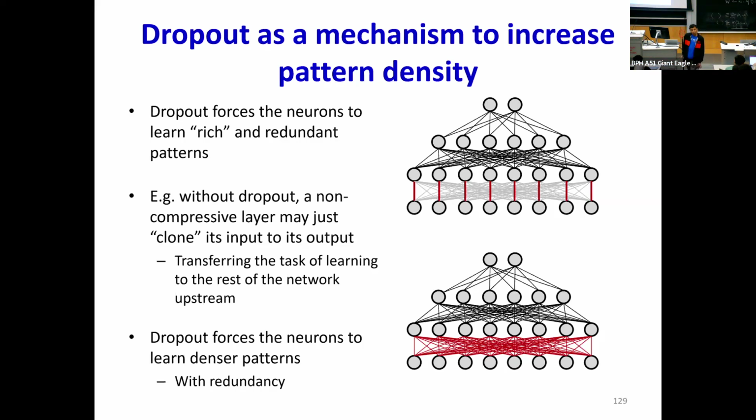But then if you have dropout, because you keep occasionally switching off these neurons, the neurons are forced to look at an aggregate of information. And so you're forcing them to learn richer, denser patterns and ensuring that some layers don't simply become pass-throughs, right? So this is the reason to be doing this.